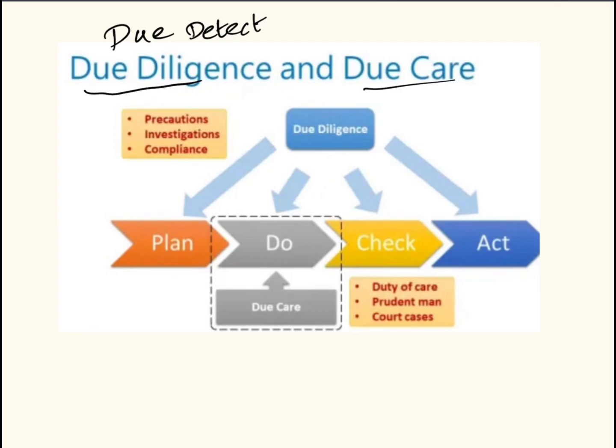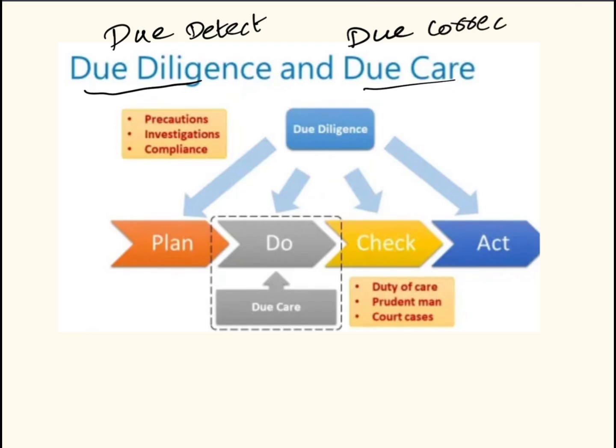For instance, after the decision is made, taking appropriate actions to address the risks found. For example, implementing controls, updating policies, patching systems. So these come under due care. Due care, we can also say "due correct".